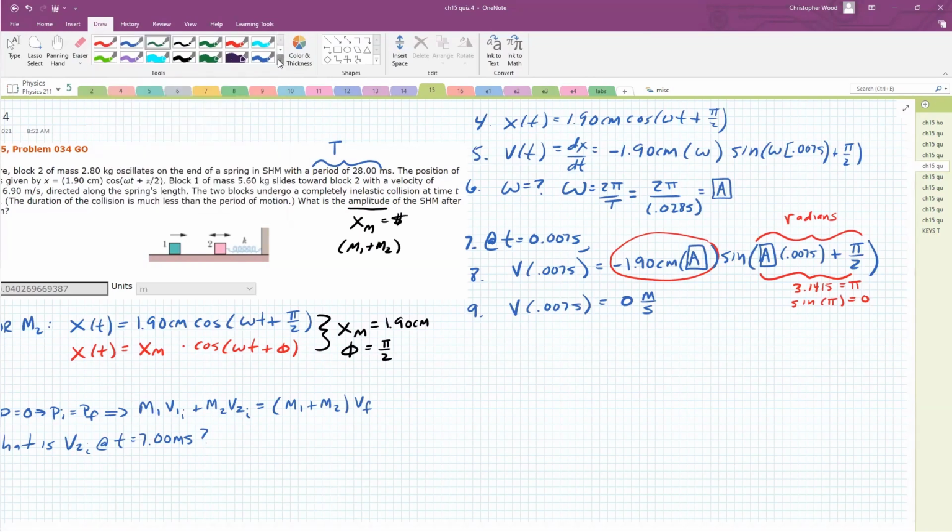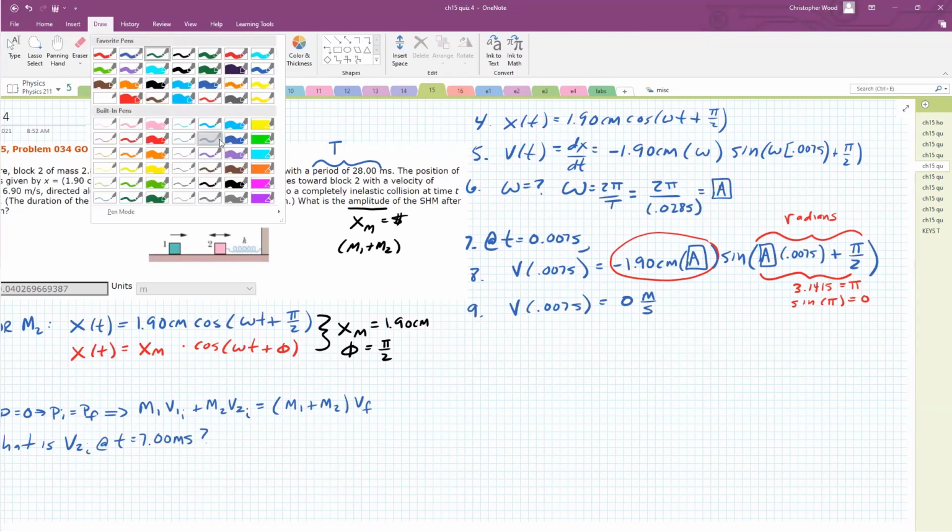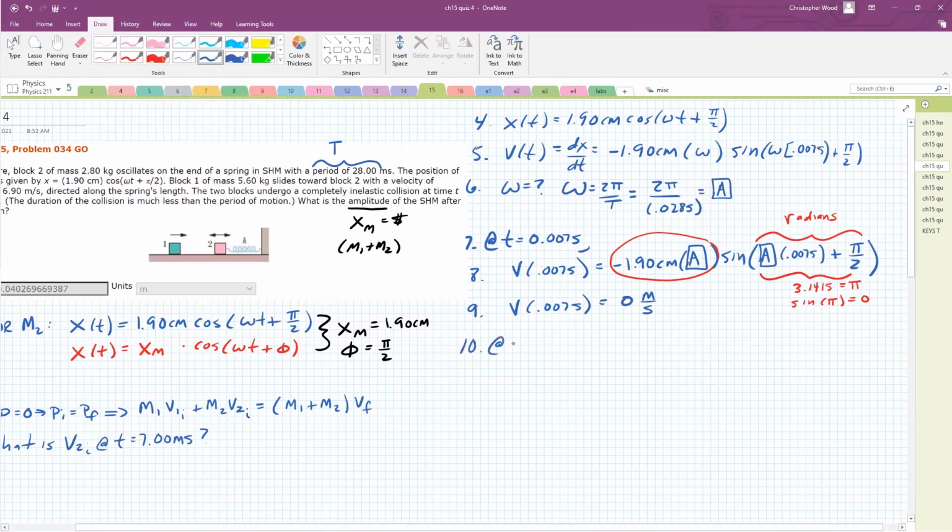So here's the big takeaway. Number 10: at t equals 0.007 seconds, m2 velocity equals 0. It's a stationary target. That's good to know.